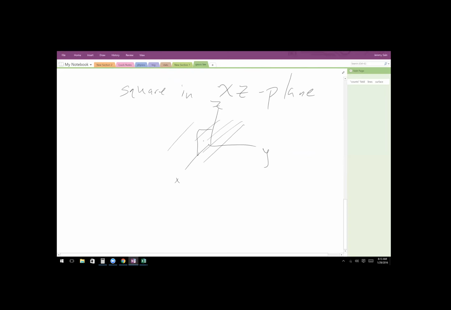Now if I'm standing on this square, my head is pointed in the Y direction, right? So what's the angle between my head and these lines? It's 90. So when I do cosine of 90, what do I get?